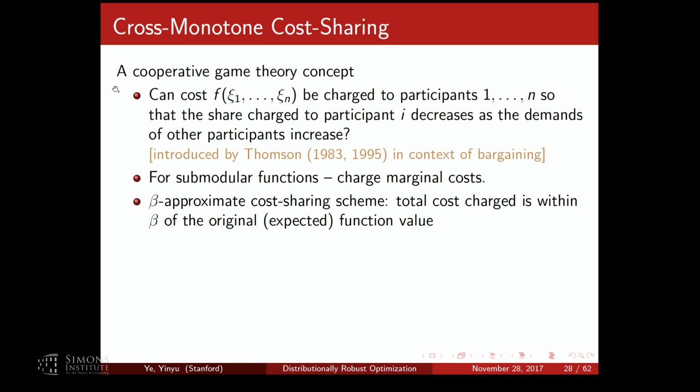This is usually called the fairness of the bargaining game. For a submodular function, you just charge the marginal cost. When you charge marginal cost, the cost sum could be more than the cost function itself. That's the beta factor we talked about. If you are able to find such a function satisfying those properties, you want to find a beta which is as small as possible. So basically, can we linearly approximate those cost functions by C1 to Cn?